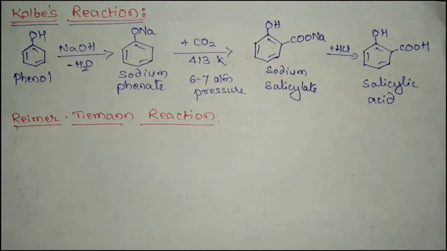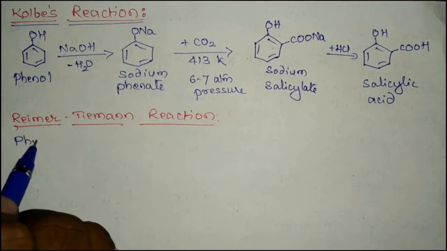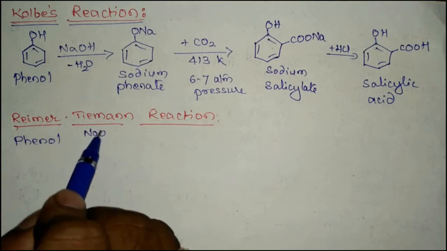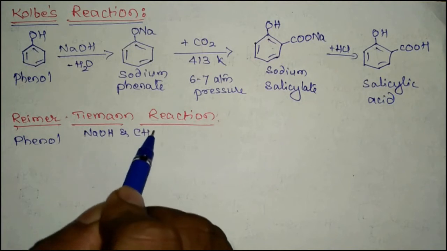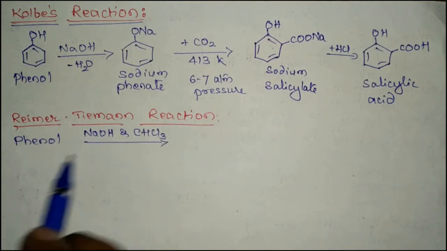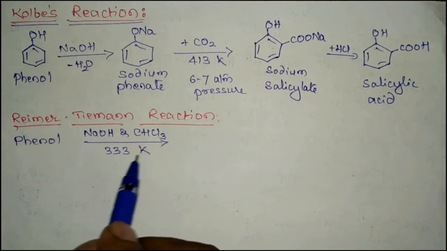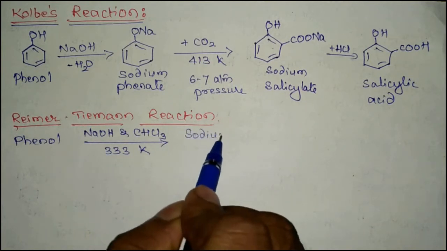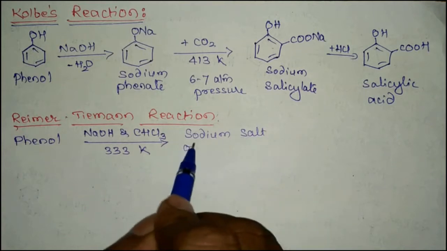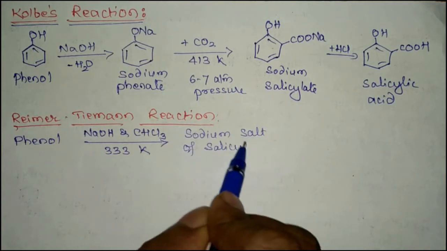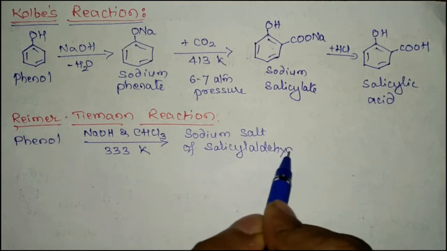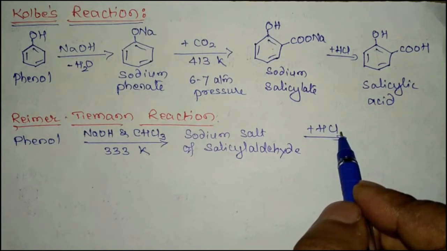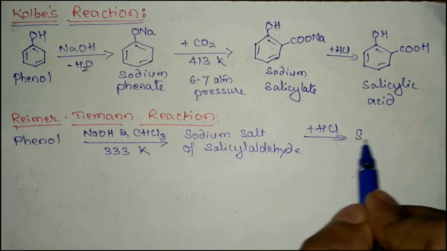Next is Reimer-Tiemann reaction. When phenol is refluxed with sodium hydroxide and chloroform CHCl3 at 333 Kelvin, you are going to get sodium salt of salicylaldehyde, which on acidification with dilute hydrochloric acid gives salicylaldehyde.